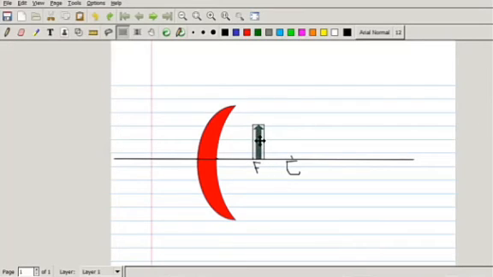Now the object is placed at the point F. We are considering two rays.